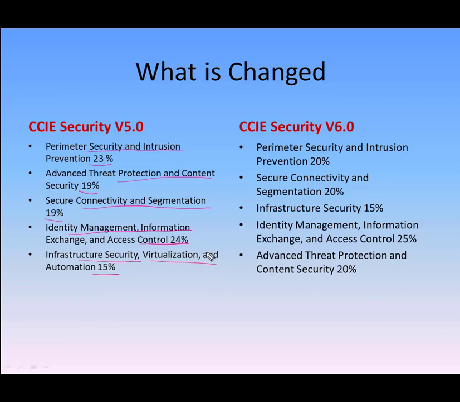So let's take a look at what's changed in the new version. We see that perimeter security and intrusion prevention remains about the same, from 20 to 19% difference. Secure connectivity and segmentation, again almost the same. That was 19% and now it's 20%. Infrastructure security is 15%, a separate section now.